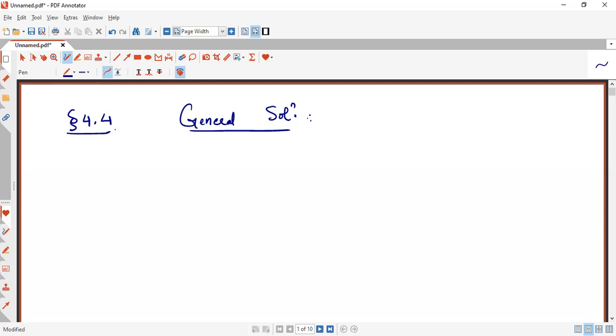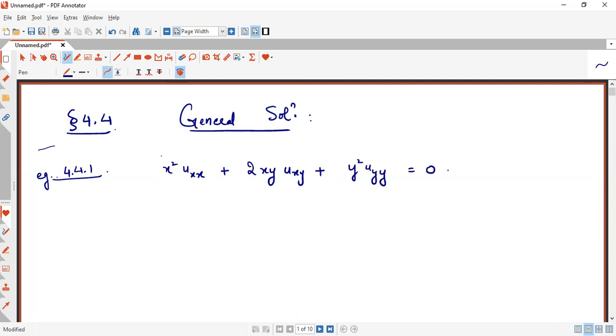Now what it is asking is to find the general solution using that canonical form. That means you again will put that xi and eta in the form of x and y. Let's try this example 4.4.1, where it says you have to find the general solution of x square uxx plus 2xy uxy plus y square uyy equals 0.